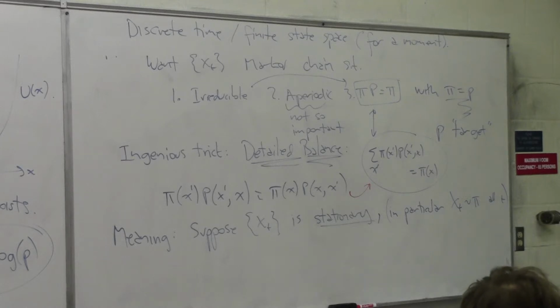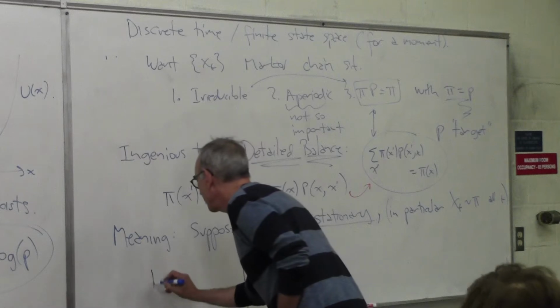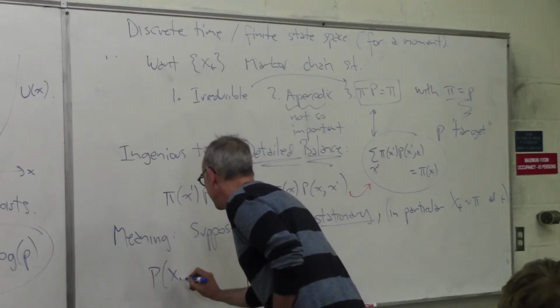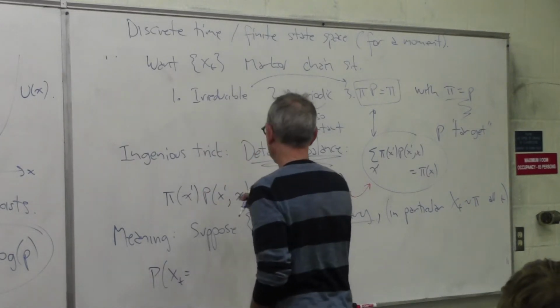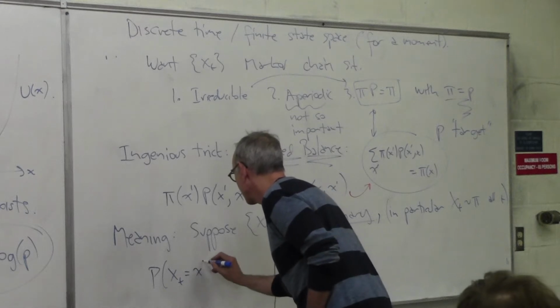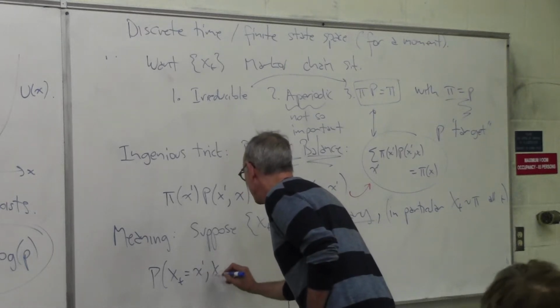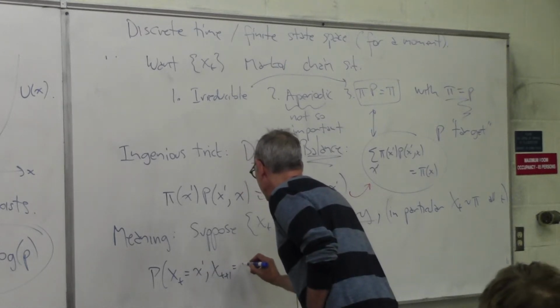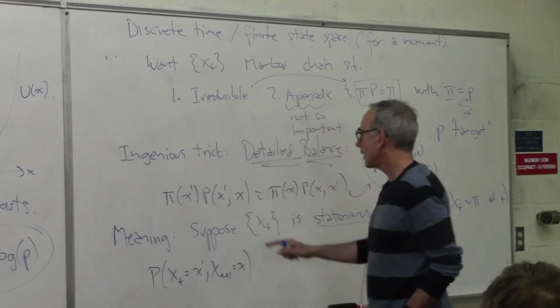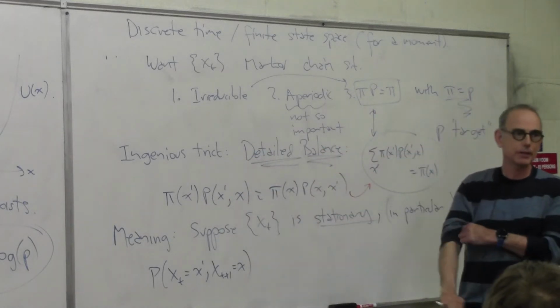For a Markov chain, that's the same as stationarity. And so take a look at the probability that xt equals x prime and xt plus 1 equals x. That's how I'll write it down.